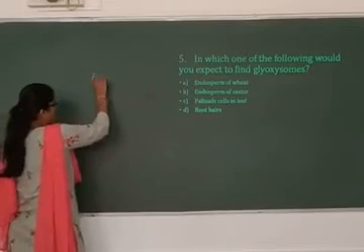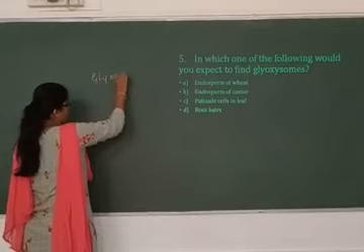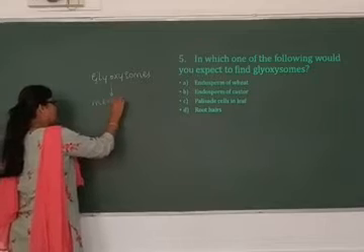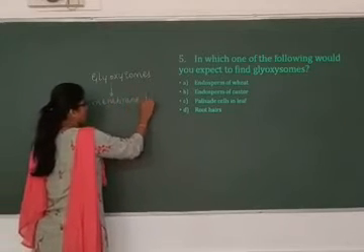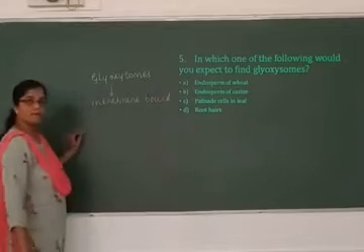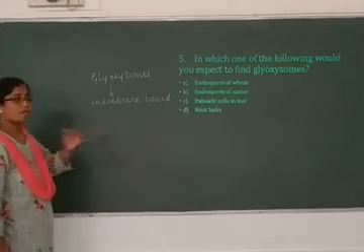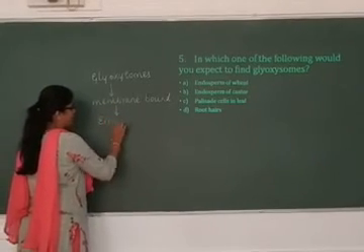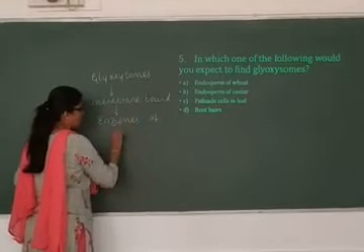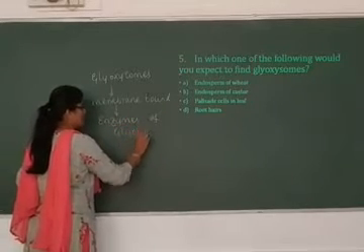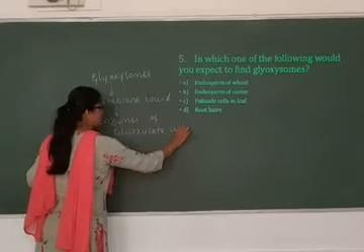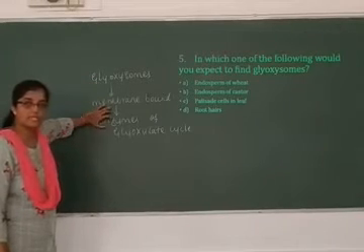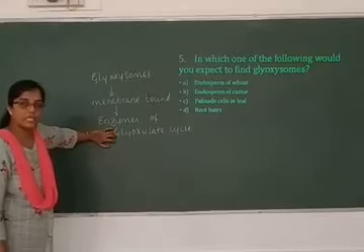The glyoxysomes are membrane bound structures, usually single membrane bound structures, that contain enzymes of the glyoxylate cycle. Glyoxysomes are single membrane bound structures which are rich in the enzymes that are involved in the glyoxylate cycle.